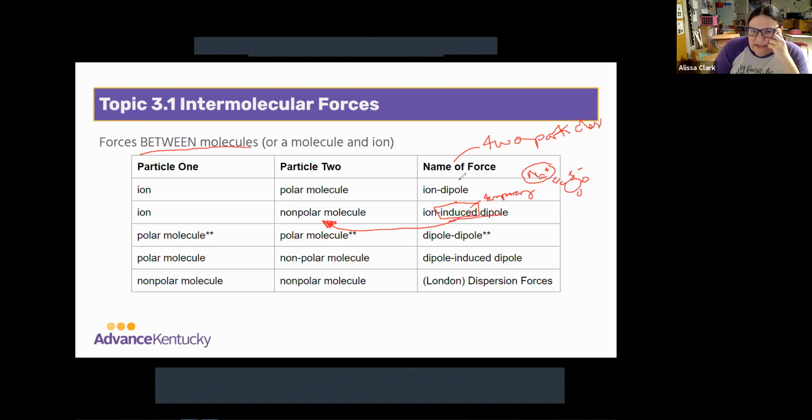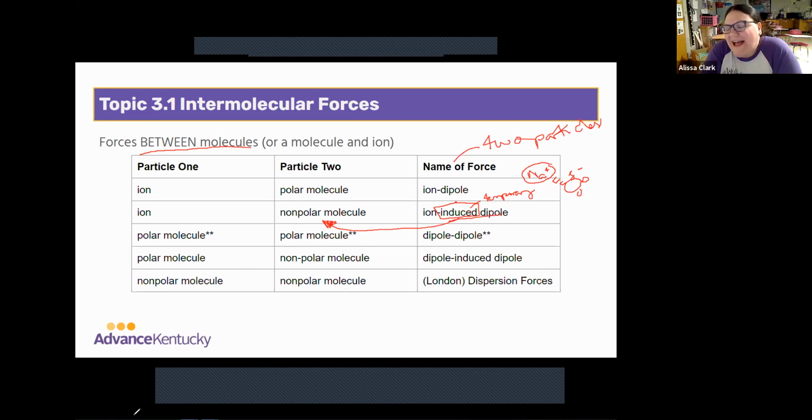So when you see two words, those are helping you figure out what two things are there. The only case where that is not necessarily happening is when you have forces between two nonpolar molecules. Then we would talk about this as being London dispersion forces, or in some cases, just dispersion forces.